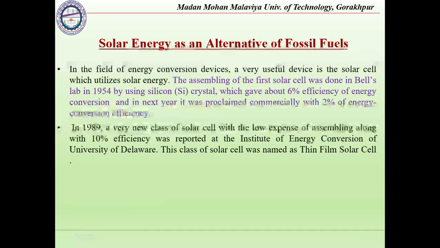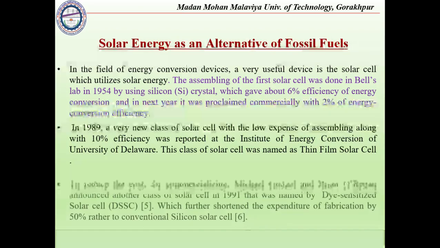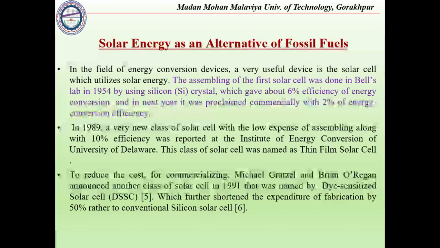This class of solar cell was named the thin film class of solar cell. Further, to enhance the efficiency of the solar cell and for commercializing purposes, an economically credible alternative for our society, Michael Gratzel and O'Regan developed a very new kind of solar cell called the dye-sensitized solar cell. This dye-sensitized solar cell uses a dye as a photoactive material.